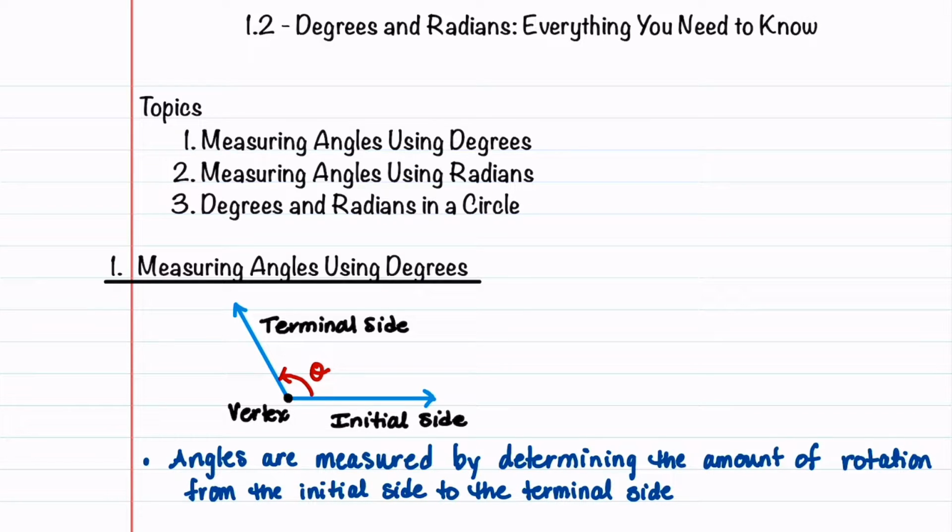Angles, such as the one in this picture, are measured by determining the amount of rotation from the initial side to the terminal side.